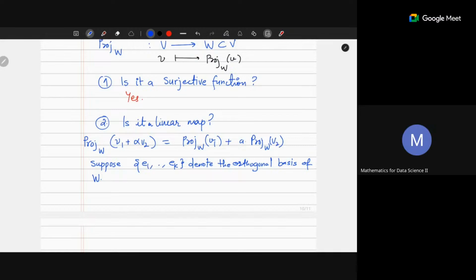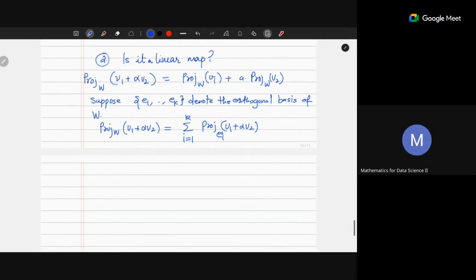Then you can use these bases to express this projection. So projection onto W is nothing but the summation of projection of V1 plus alpha V2 with respect to each of the basis vectors, right?